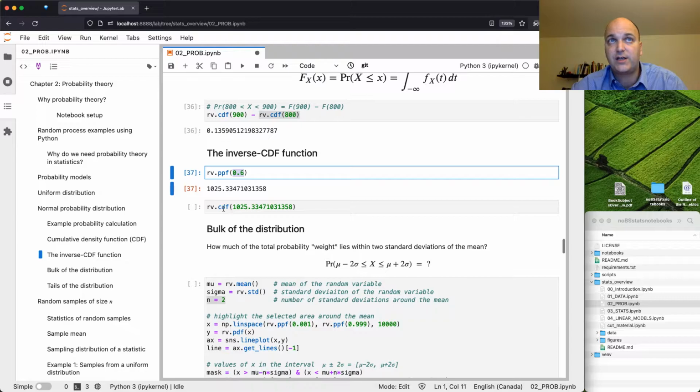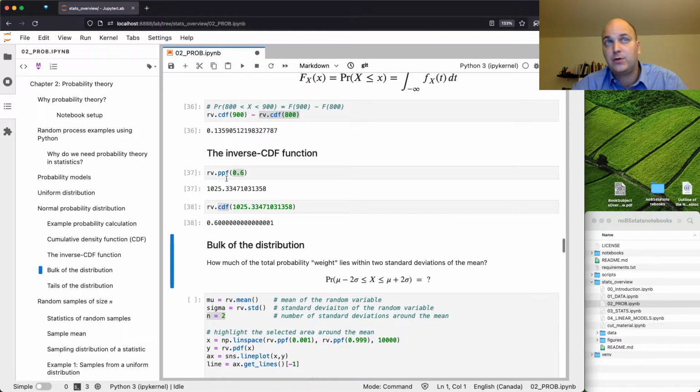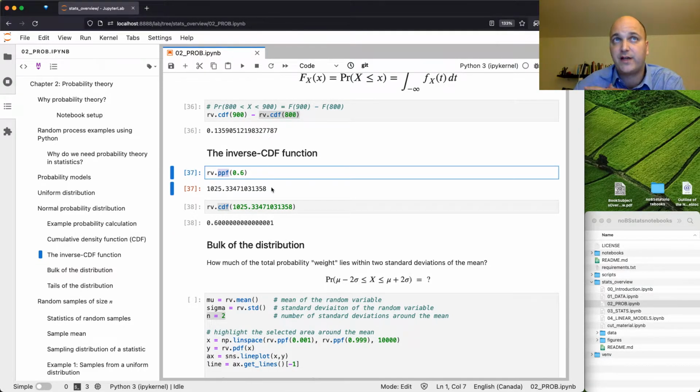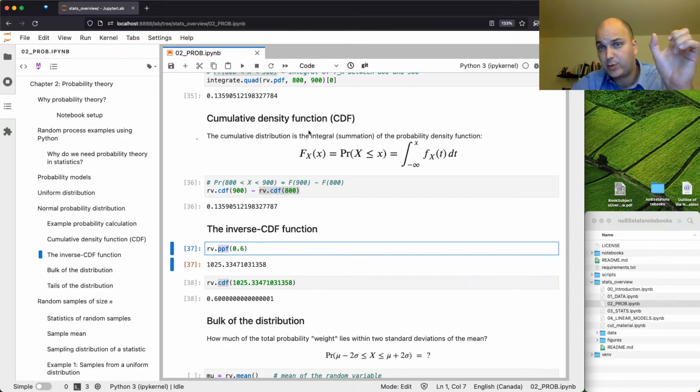And you can check what the cumulative distribution is. Very often we'll need this inverse of the cumulative density function. Python provides you the function PPF for that purpose. So in general, you can compute probability for any outcome.